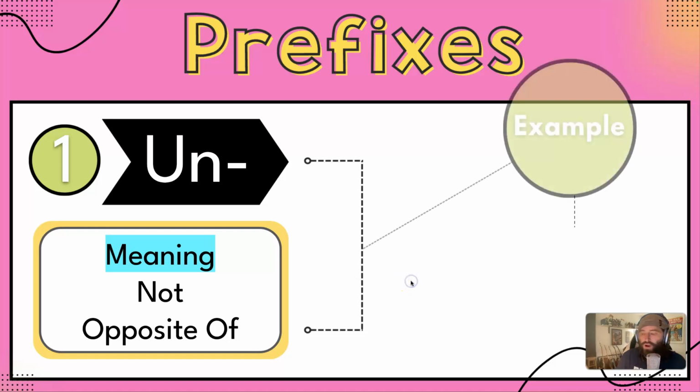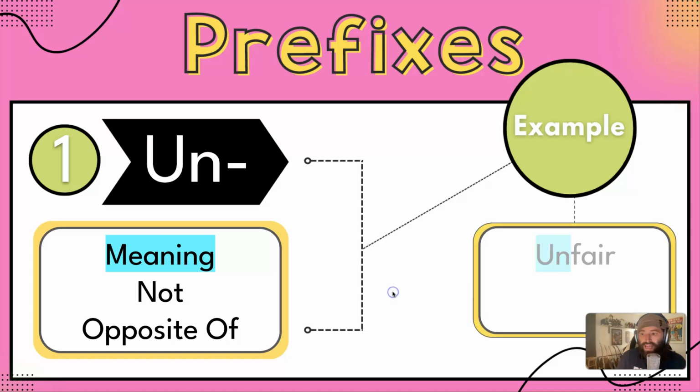So there are examples like unlikable, unlivable, unobtainable. But here are some shorter ones: unfair, unavailable. You might have some of your own. Now, notice you already have the word fair, and you added the prefix un to it. So instead of being fair, now it is the opposite of fair, or it is not fair.